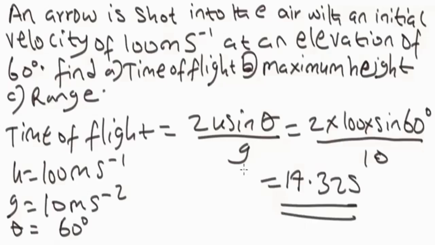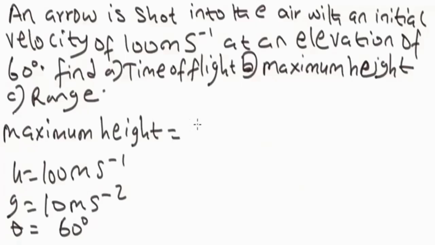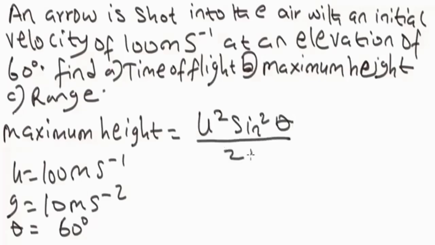Let's wipe this and solve for maximum height. The formula for it is u square sine square theta over 2g. So we have our u, g, and theta there.